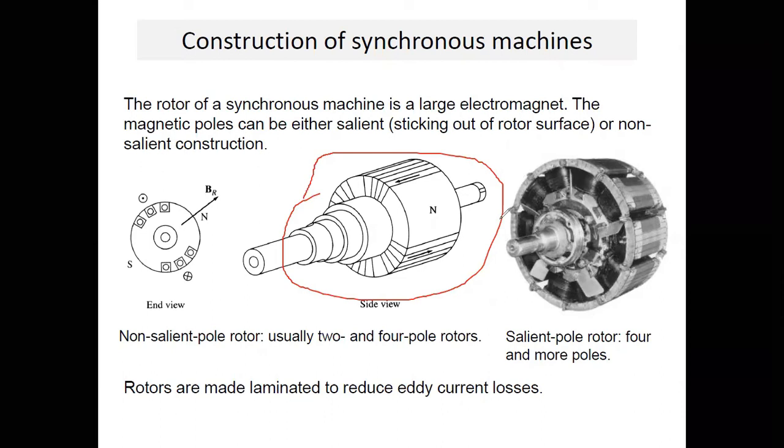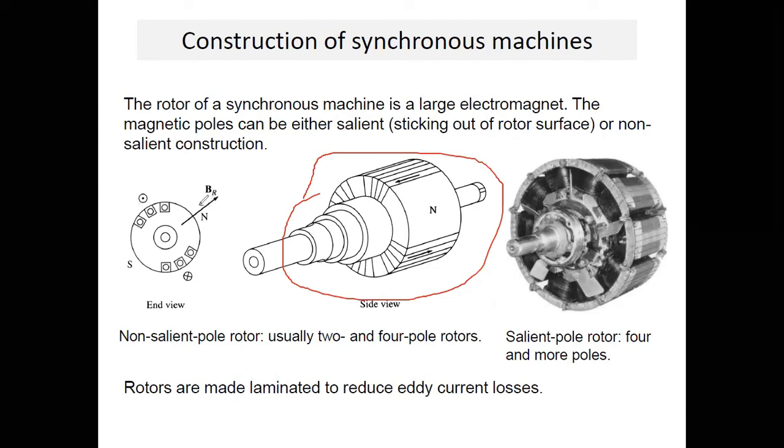The rotors are made of laminated stampings to reduce the eddy current losses. As you have already learned in Electrical Machines 1 and 2, the same is applicable for synchronous machine also. This is the end view of the non-salient pole type rotor of a synchronous generator.